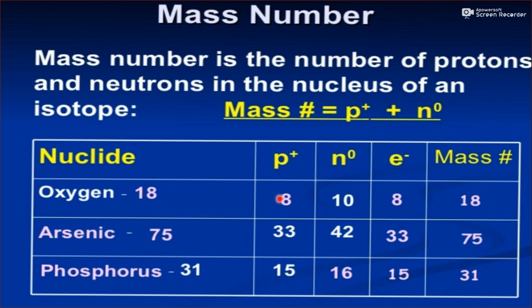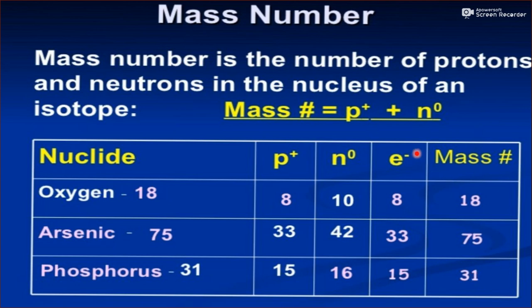So protons are 8, neutrons are 10, and the number of protons and electrons are the same. As I told you, in an atom, protons and electrons are the same. So when we make a sum of 8 and 10, it will be 18. The same happened in arsenic: 33 and 42, the sum will be 75. 15 and 16, the sum will be 31.